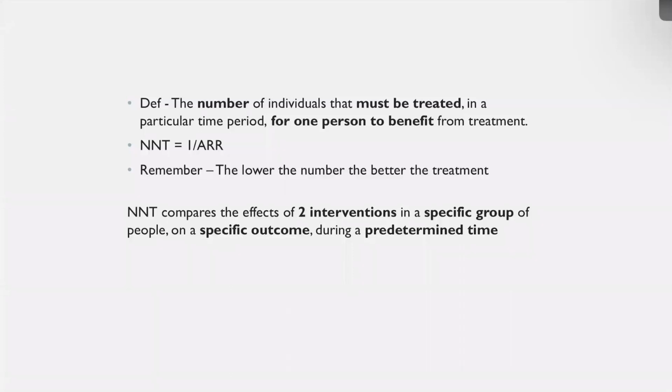Without this outcome, you won't be able to calculate number needed to treat. And you must have a predetermined time. Whenever a question asks you to calculate number needed to treat, you most probably won't need to look at all these things, but it's good to know that these factors must be there.